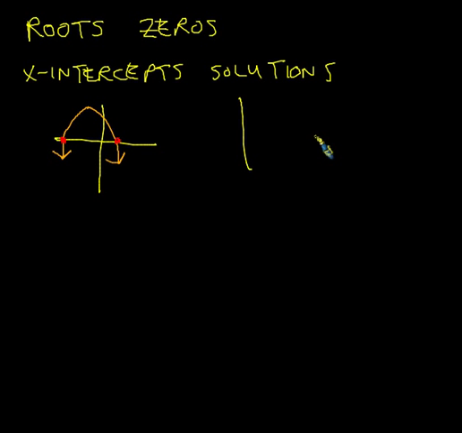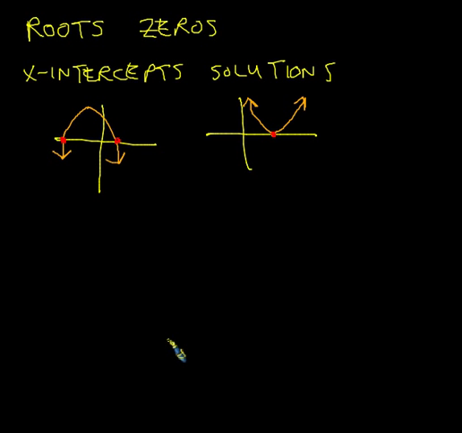If you have a graph that looks like this, where just the vertex is on the x-axis, then in that particular case, we end up with just one real root or one real solution.